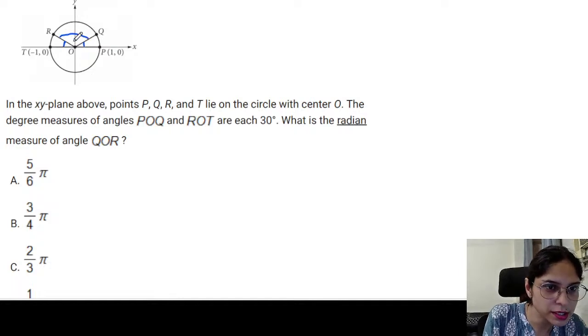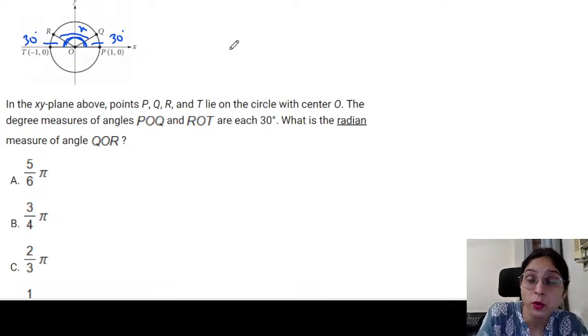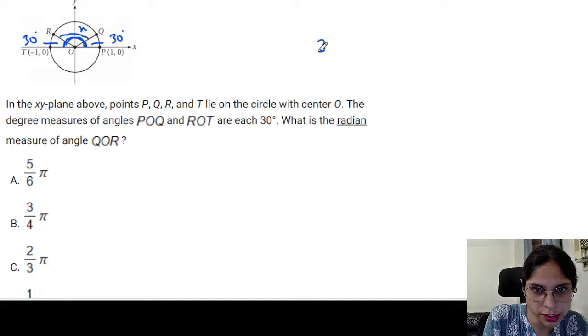Now if you see these three angles, I will write 30 degrees over here, I will write 30 degrees over here and let me call this as x. So 30, x and 30, they are together forming a line. So sum of their angles is going to be 180 degrees because it's a straight angle. So 30 plus x plus 30 is going to be 180 degrees.